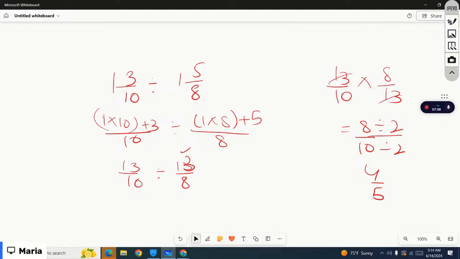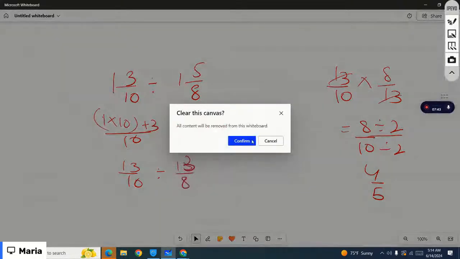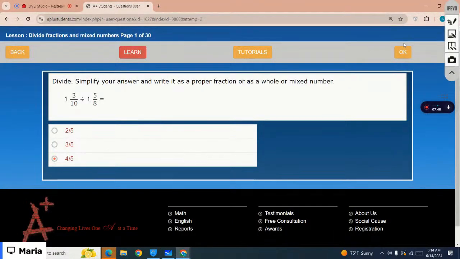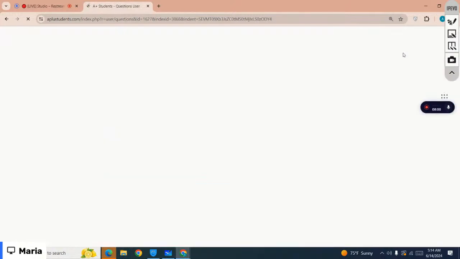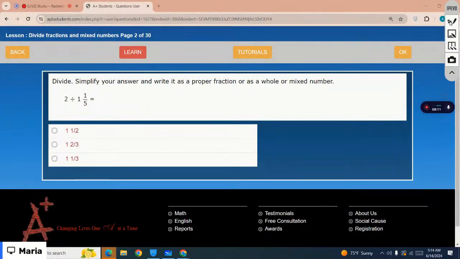Okay, let's just move on to the next example. Dividing by 1 whole 1 over 5.